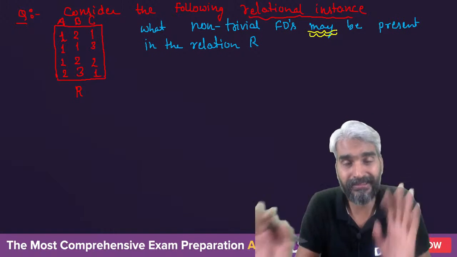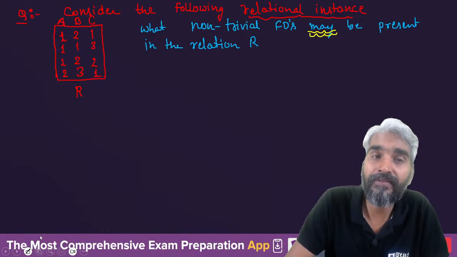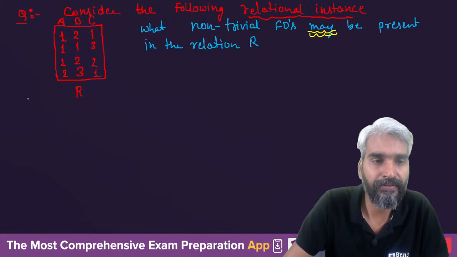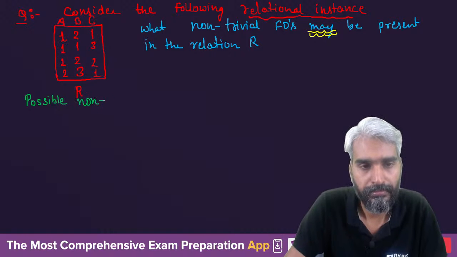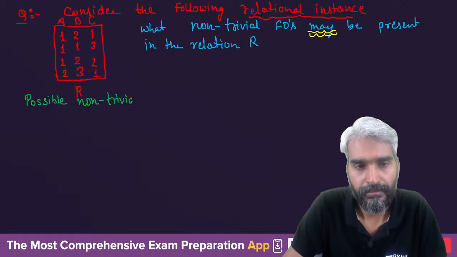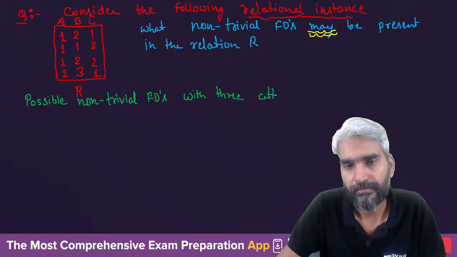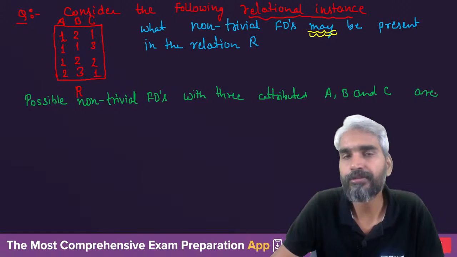So let's try to understand the concept. First try to write down all possible non-trivial FDs with respect to three attributes A, B and C. So what are the possible things?